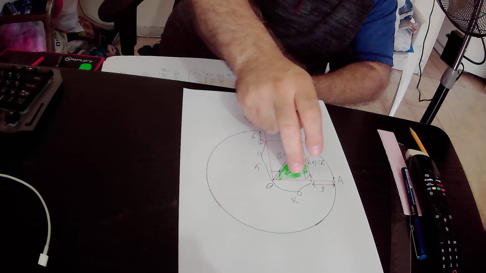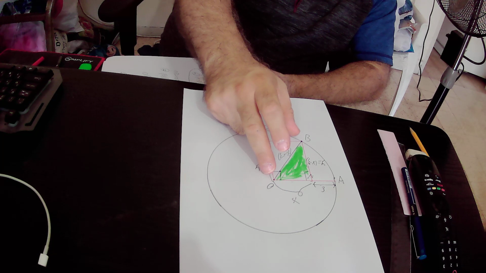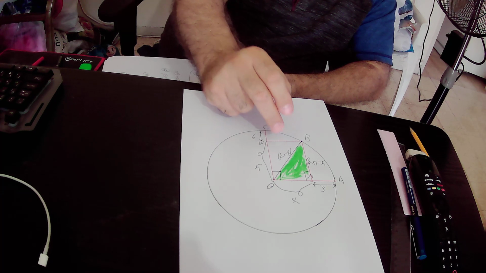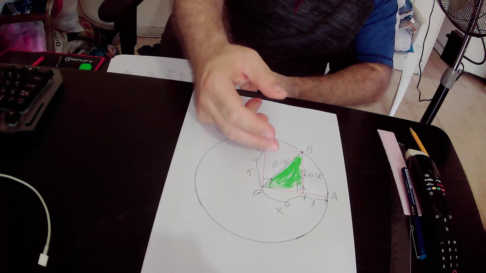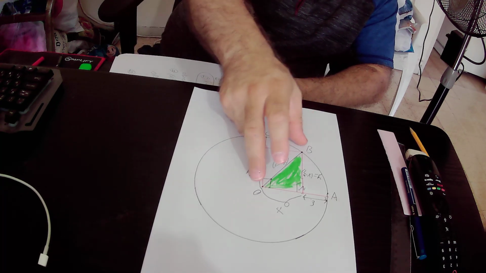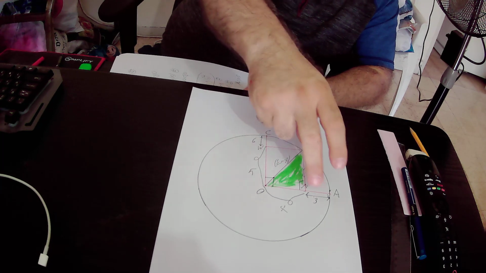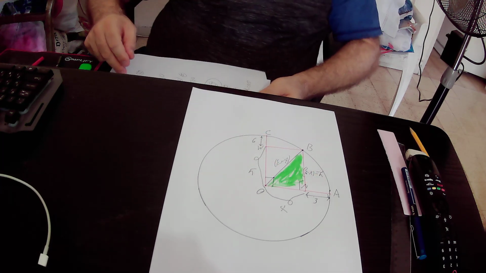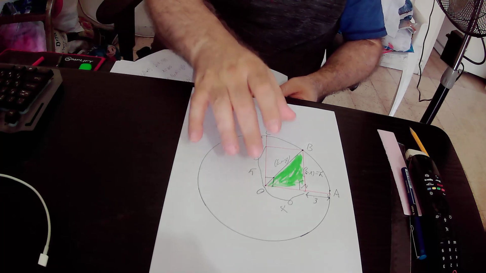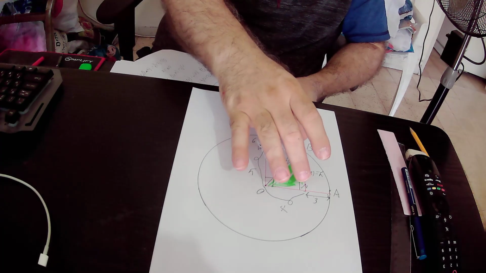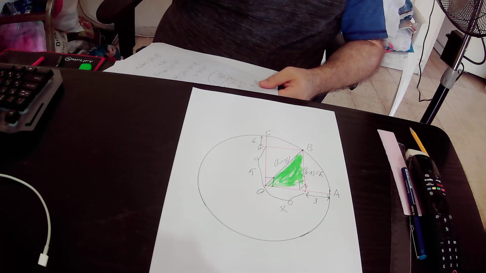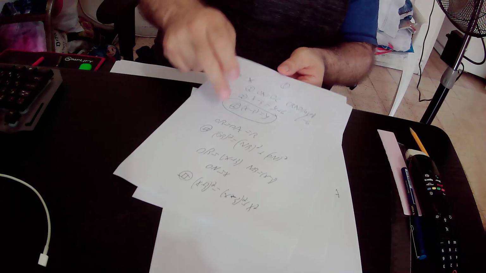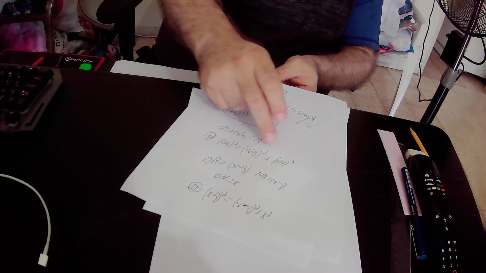So OB, that is also the radius of the circle, equals x plus 3. We can use the Pythagorean theorem in order to find the value of x. The Pythagorean theorem states that the square of the hypotenuse equals the sum of the squares of the other two sides. That is to say, OB² equals NB² plus ON².